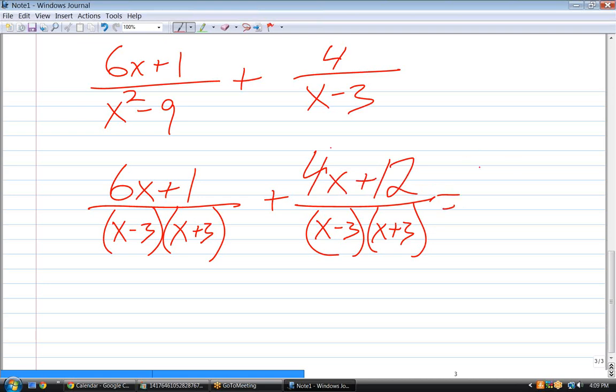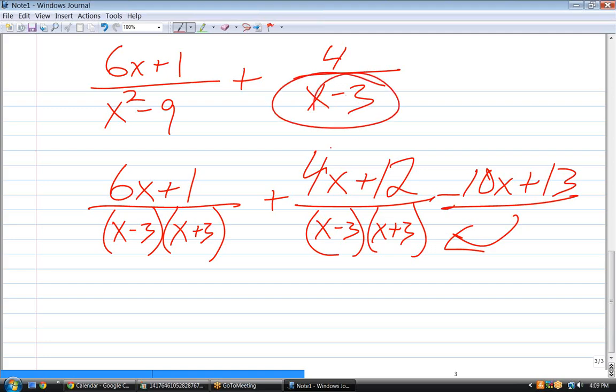Simplify the numerators. 10x plus 13, all over that denominator. So this is another case where when you see that, rather than multiply it outright, let's see if this divides into that. And if it does, then we already have a common denominator. We don't need to come up with a new one.